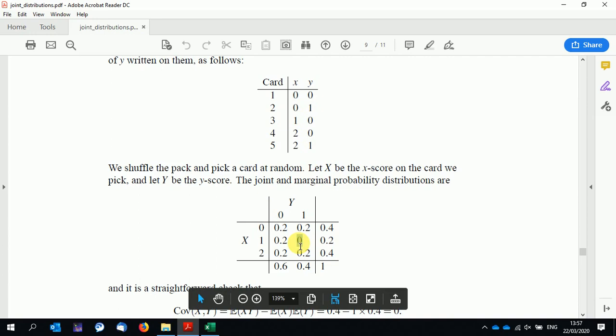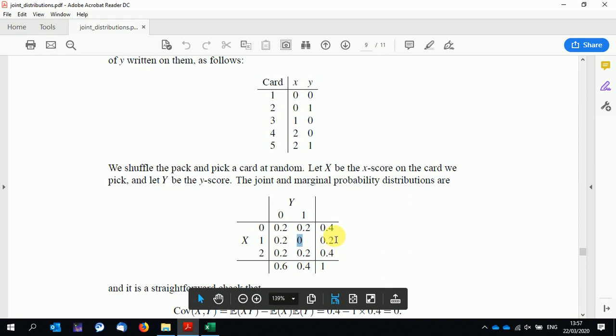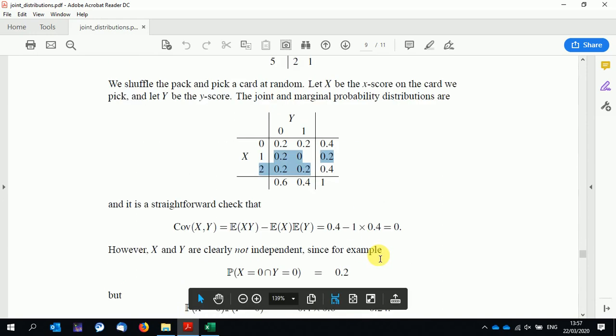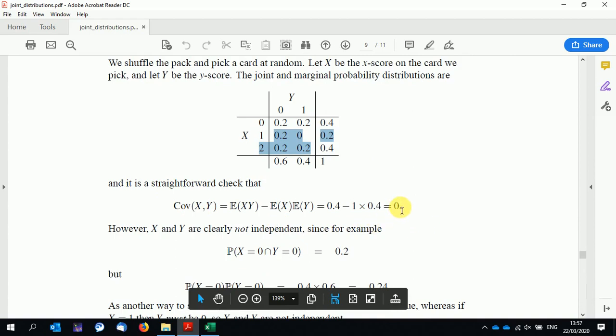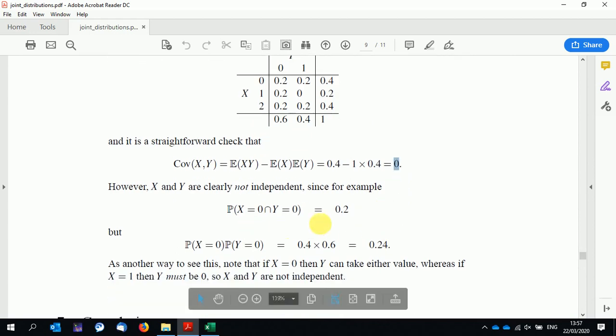How do I get 0 here? For example, x equal to 1, y equal to 1. I can't see it here, so that 0 divided by 5 will give you 0. That's how I get it. How do I get the marginal probability? By adding these two numbers, this pair of numbers, and so on. Now, that's covariance equal to 0. Does it mean they are independent? Maybe not necessarily true, and this is one example where we can show.